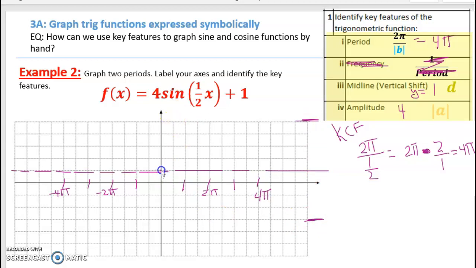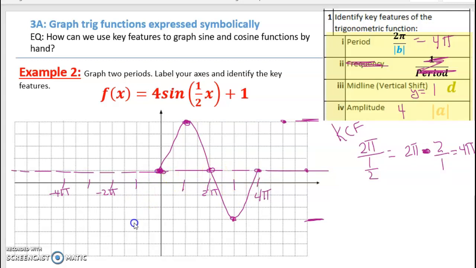A sine wave starts on the y-axis at the midline. So midline, max, midline, min, midline. Notice when I did one full period, 4 pi, I ended at the midline where I started.